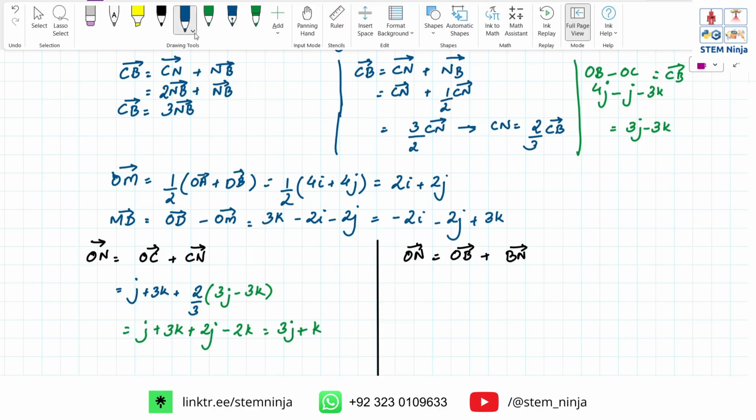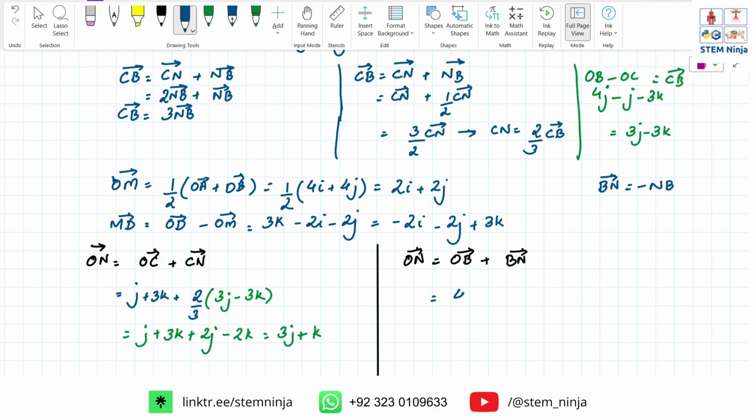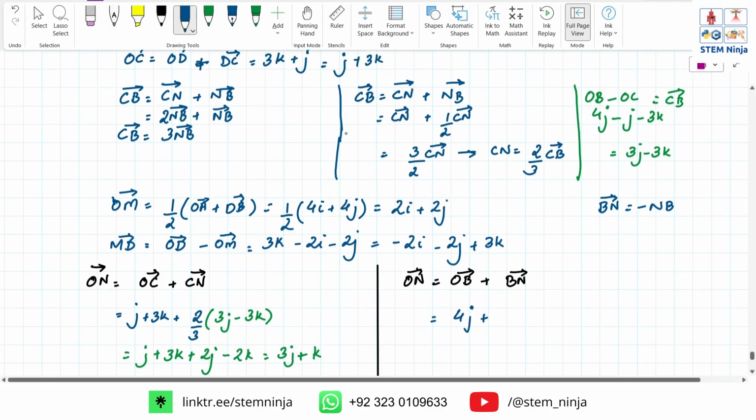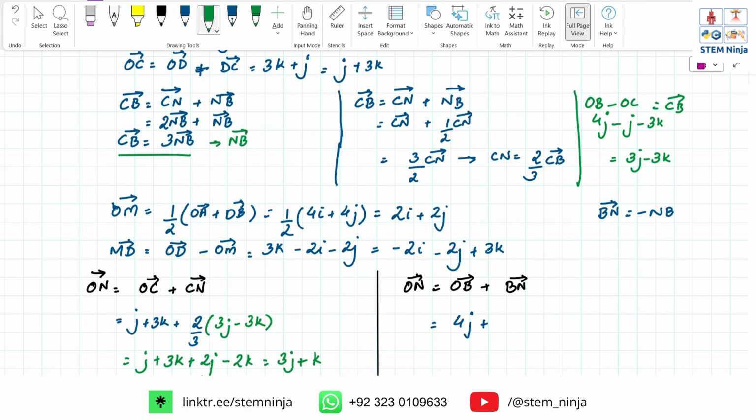Similarly, let's try the other way around. Remember that BN is minus NB. So OB, we had 4j, and BN, or NB, right? First we can figure out what NB is.